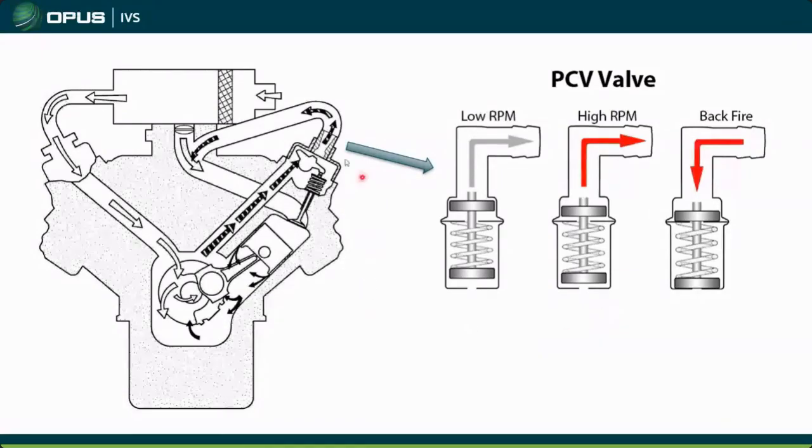Very, very simple system. You had some fresh air coming through the engine that collected your blow-by gases from the pistons and also anything that was drummed up from windage. It was ventilated through the other side of the engine through a PCV valve and then back into the engine.